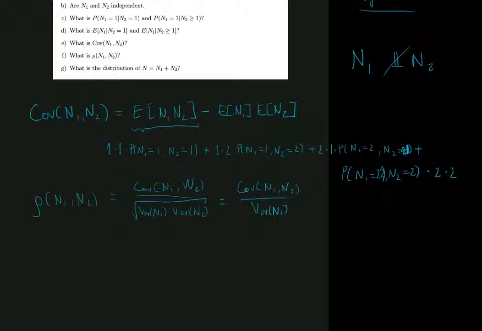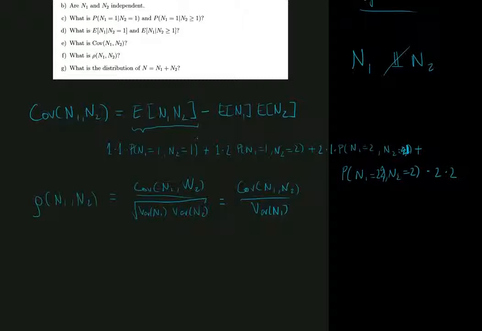So this is the mean of N1 multiplied by N2. Because there are two stochastic variables here, I need to use their joint distribution. This is probably one of the main points of this part of the exercise.